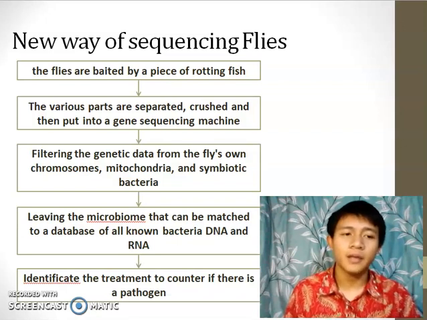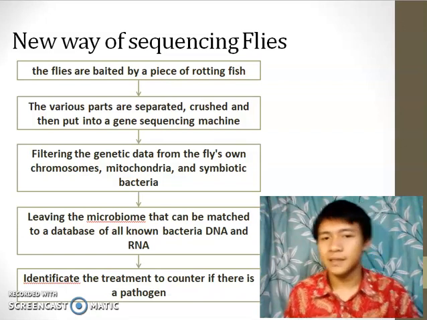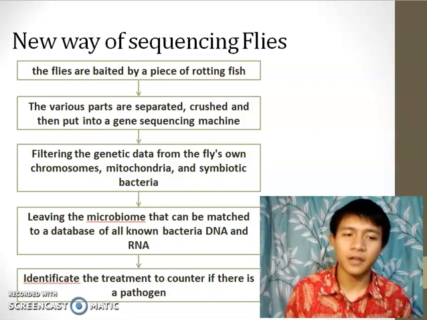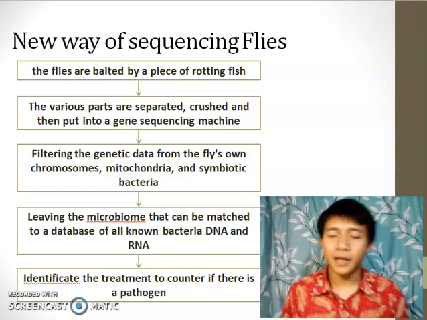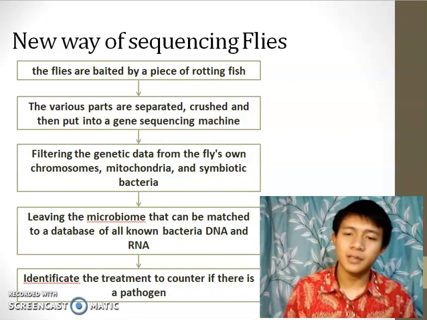That's followed by researchers holding a container with dry ice close to the flies. After the fly is defrosted in a sterile environment, the various parts are separated, crushed, and then put into a gene sequencing machine.